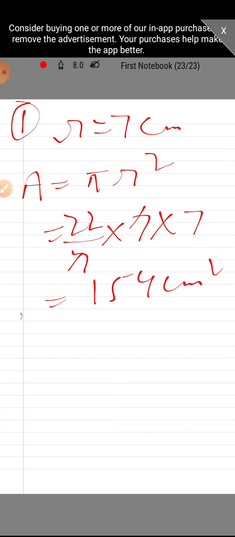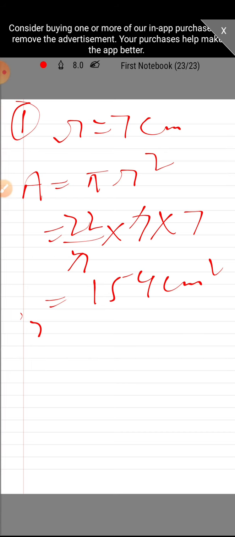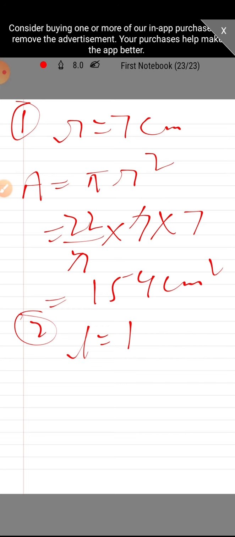Now moving ahead to question number 2. In question number 2, the length of a school playground is given. So your length is equal to 180 meter and breadth b is equals to 105 meter. You have to calculate the area.